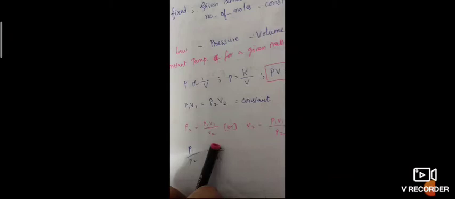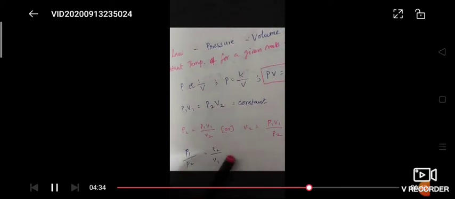So P2 can be calculated by using this formula P1 V1 is equal to P2 V2. So P2 is equal to P1 V1 by V2, or V2 is equal to P1 V1 by P2. And another calculation, P1 by P2 is equal to V2 by V1. All of these can be used for solving the problem.